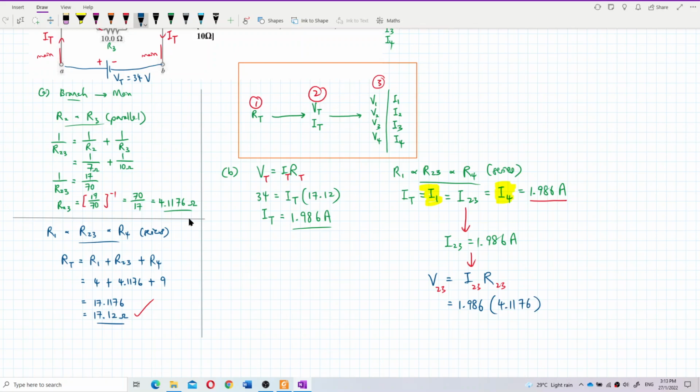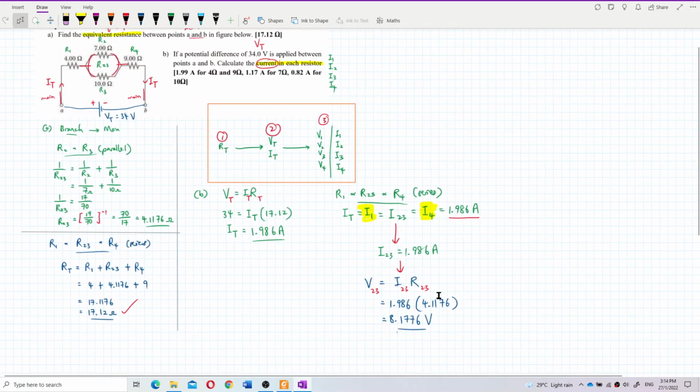Okay, let's find the voltage. 1.986 multiplied by 4.1176. Okay, I got the voltage is 8.1776 volt. So I got the voltage 23.